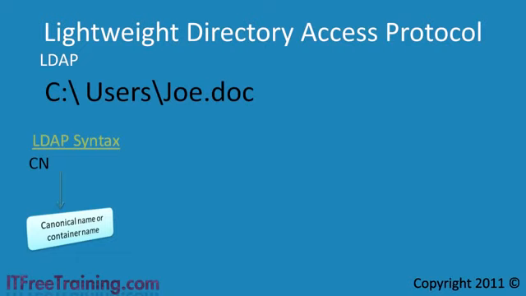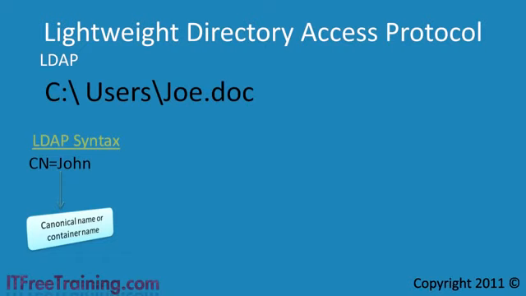In this case, if you wanted to access an object in Active Directory called John, you would use CN=John. As you can imagine, there could be more than one object in the database called John, so we need to tell LDAP where this object is located. This is where LDAP syntax may confuse some people because it is in the reverse order to, say, a file name and path on the hard disk.